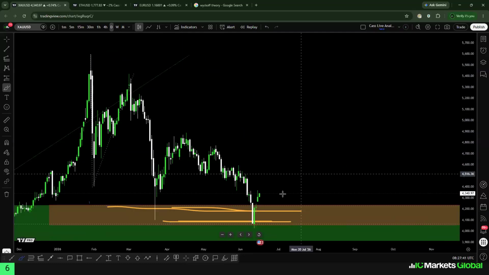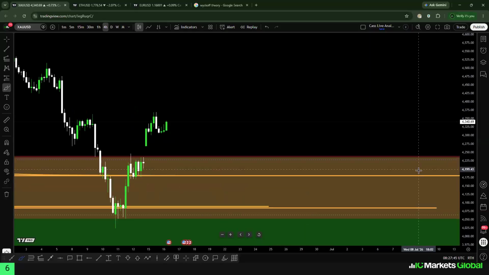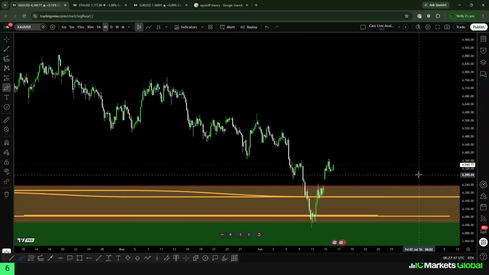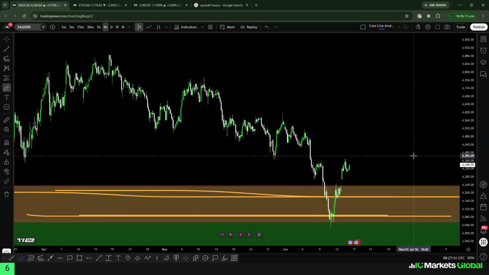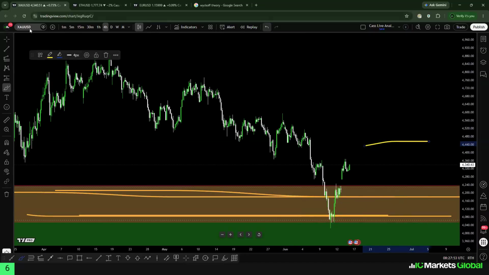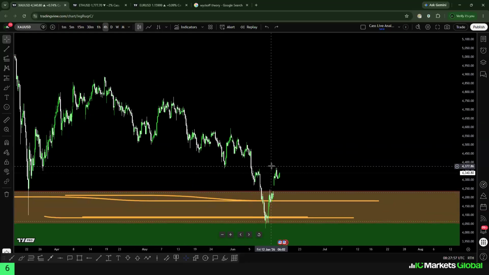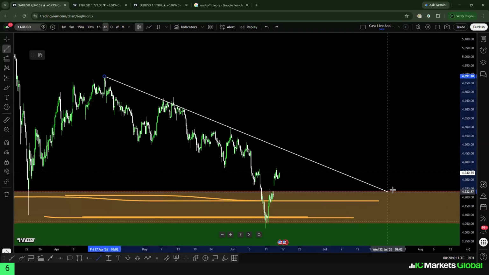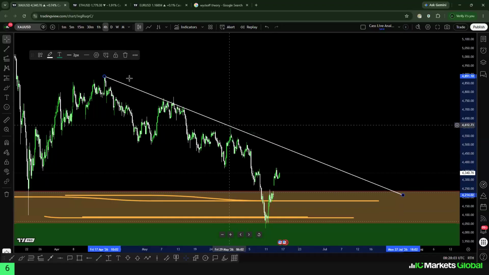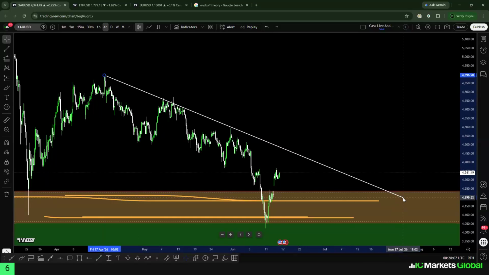Okay, so based on what I see, give me a moment. I was going to call for a very, very short sell. Sorry, not sell. A very, very short buy, actually. Buy as in for a pullback.